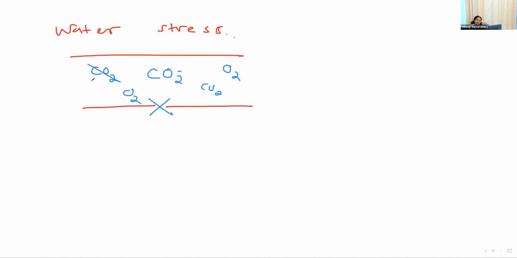The plant will take up all the available carbon dioxide. The main thing is the plant won't have enough carbon dioxide to produce glucose, right? If it is a C4 or CAM plant, it doesn't have enough carbon dioxide to produce the glucose. If it is a C3 plant, it might undergo photorespiration.